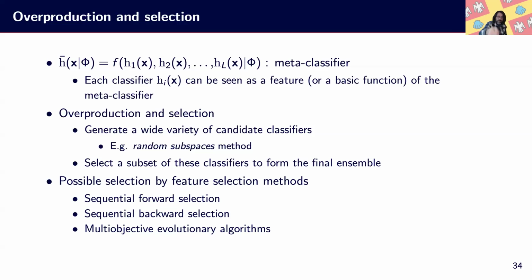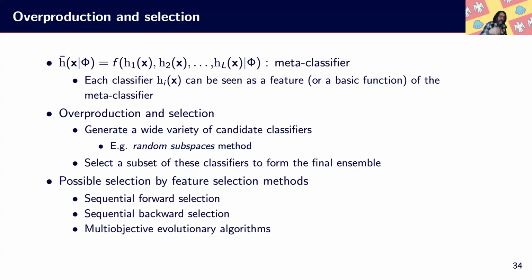Then let's pick the third one over the pool of models we have, the one that, when joined with the first two, provides the best performance, and so on until we build a set of the size we want. This is the forward selection approach. The backward is the opposite. We use the full pool of classifiers and remove the least useful ones from the pool until we reach the size we want to keep.